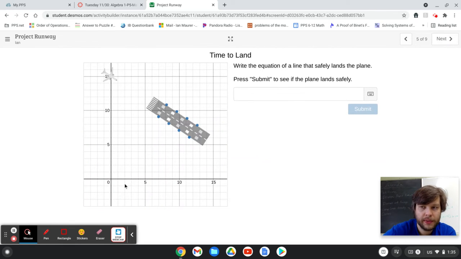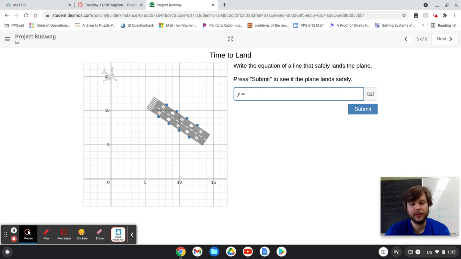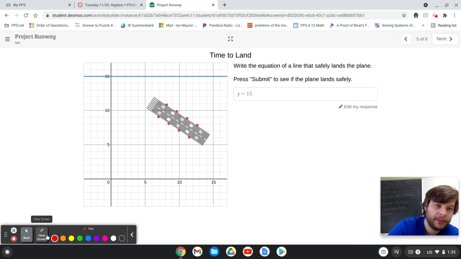Now look at this next one here. I see the plane starts at 15, so I know that I'm going to have y equals something plus 15. Just as a quick review, if I type in y equals 15, the plane stays at y equals 15. It's a horizontal line. So to make it move in a different direction, let's draw our slope triangle. Point up here at 15. Let's choose a point right in the middle of the runway. This one looks good to me.